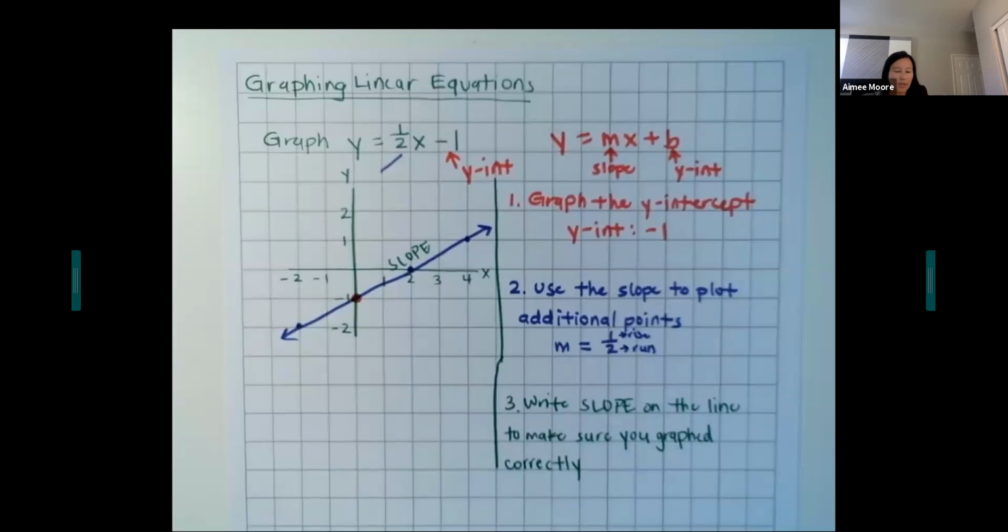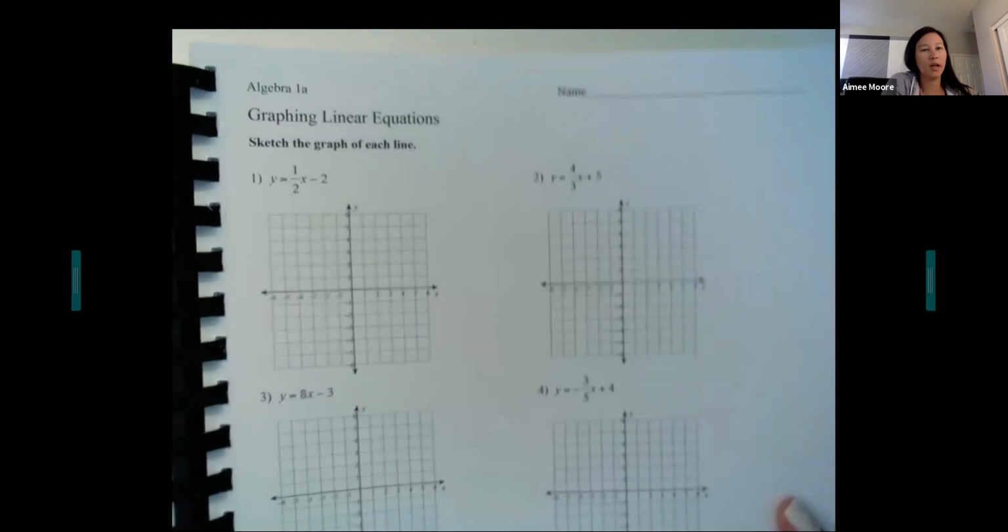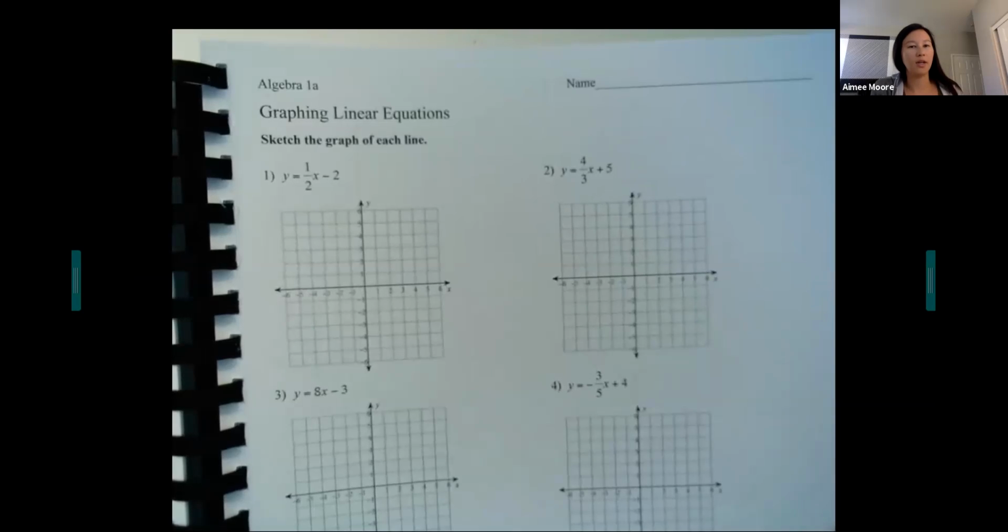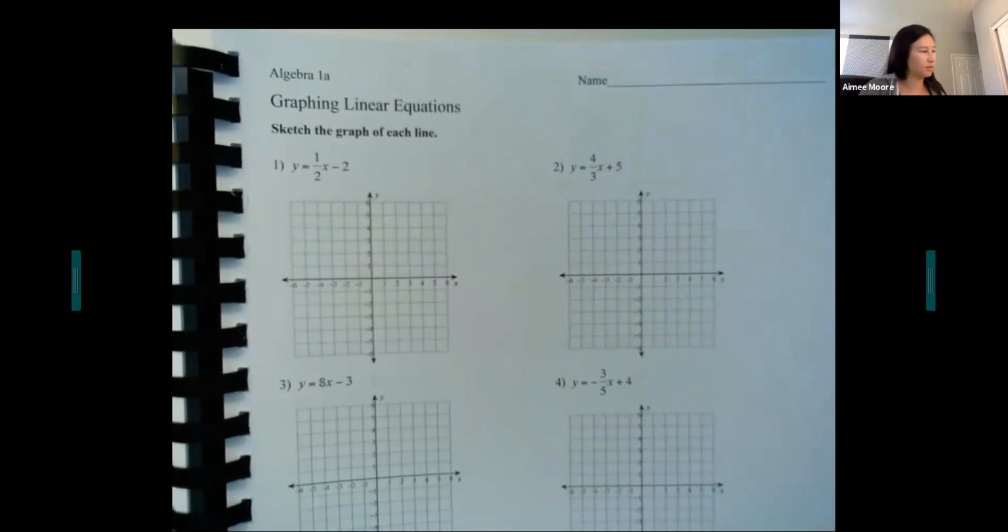Let me know when you're ready, Dakota. Okay, I'm good. Okay, so then go ahead and open up your workbook. Do graphing linear equations.